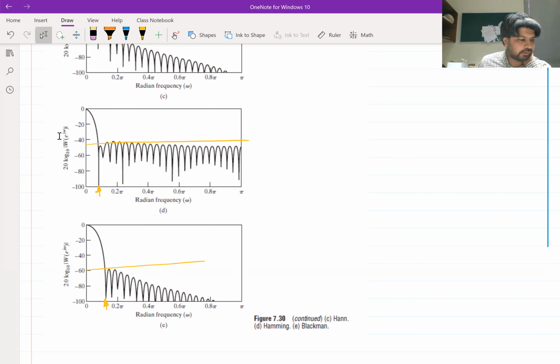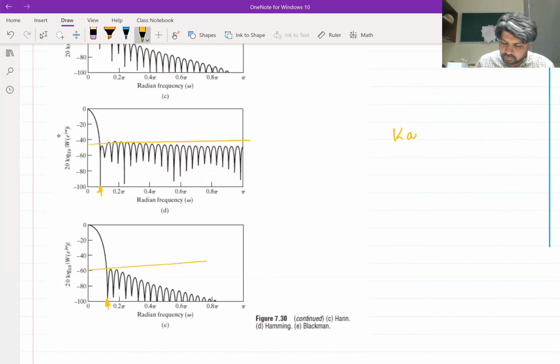You have the expression of the Kaiser window on page 566 of the textbook, and the corresponding time domain and frequency domain picture for different values of beta, because there is a parameter beta in the Kaiser window. Changing that parameter would change the shape of the Kaiser window. So it's a very important window. Kaiser is used a lot.